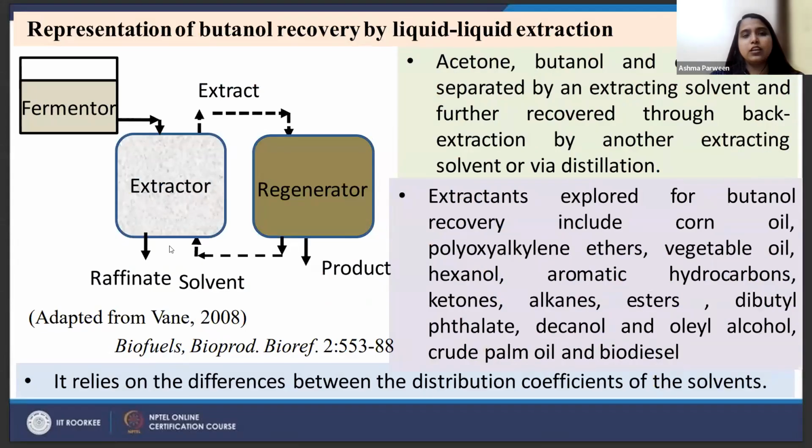Next is liquid extraction. The acetone, butanol, and ethanol are separated by an extracting solvent, and these solvents extract the acetone, butanol, and ethanol, and then finally the columns get exhausted and they are regenerated and reused.